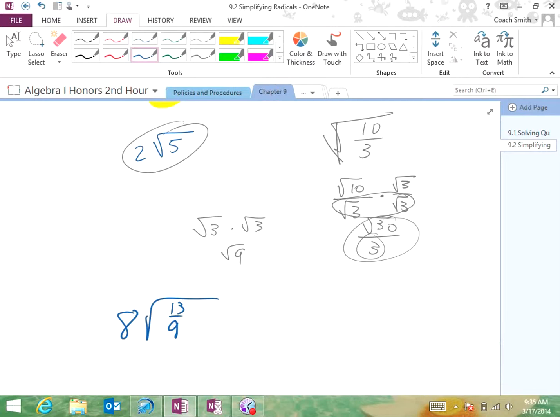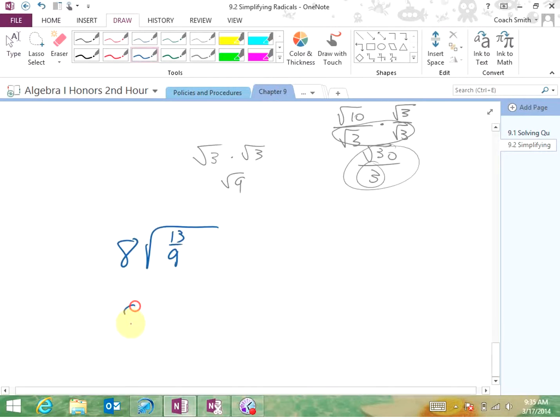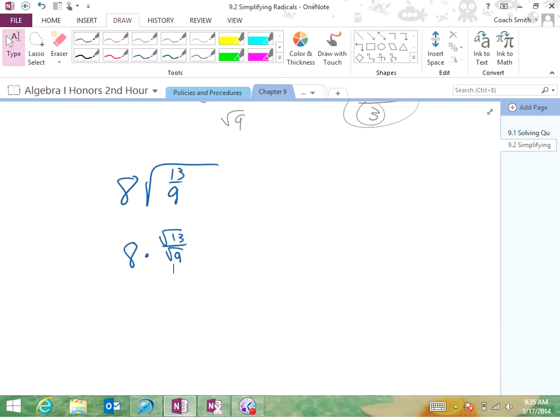Still not any harder. This is 8 times the square root of 13 over the square root of 9. Okay. What is the square root of 9? 3. So this is 8 times the square root of 13 over 3. Now, does the 8 go on top of the fraction or the bottom of the fraction?